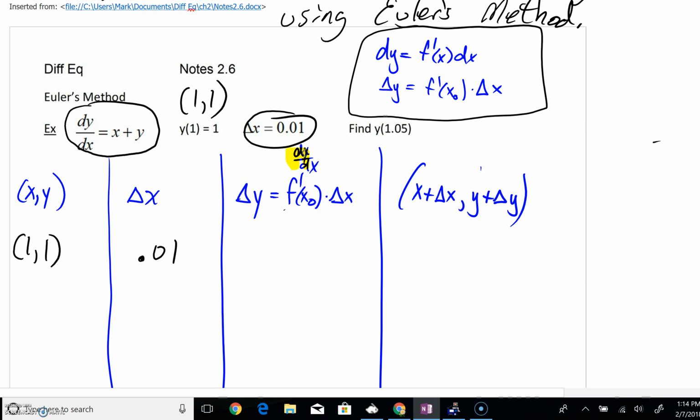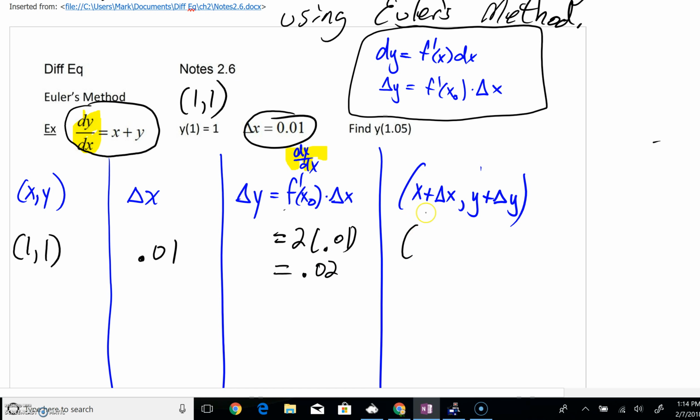When you want to find that, that's coming right here. That's where we're actually using our differential equation. We're going to plug in the point (1, 1), and I think we know that 1 plus 1 in this instance is simply going to get you a 2. So we'll say it's 2 times 0.01, and we know that 2 times 0.01 is 0.02.